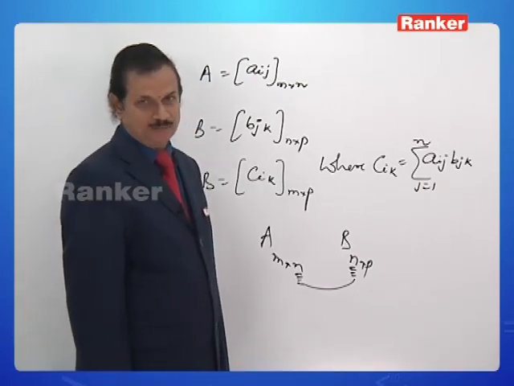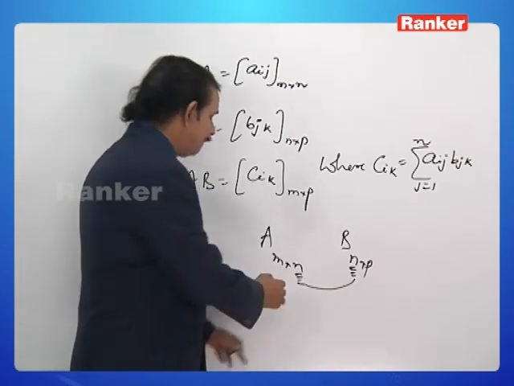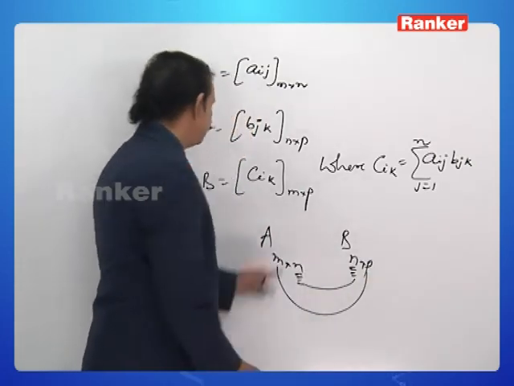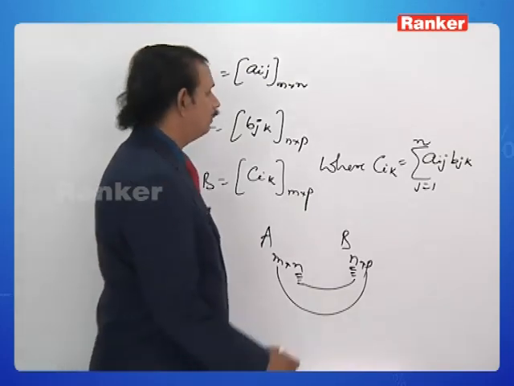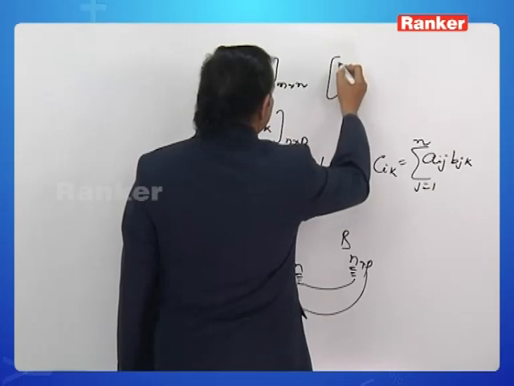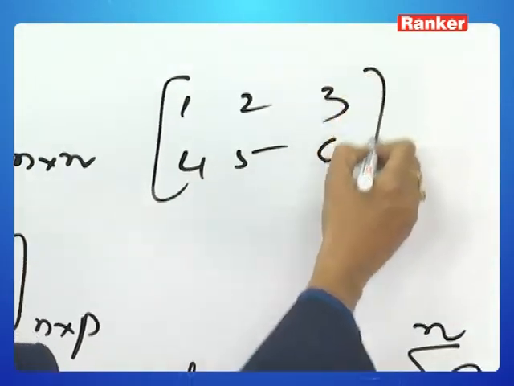Then in such a case, what will be the product? m by p. Well, I gave you two matrices. You tell me whether the product of those matrices is possible or not.